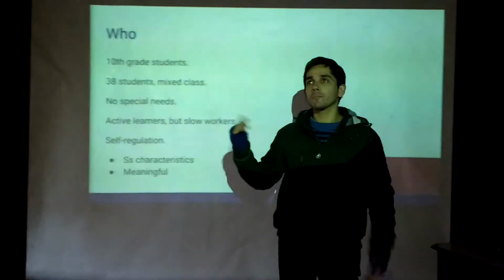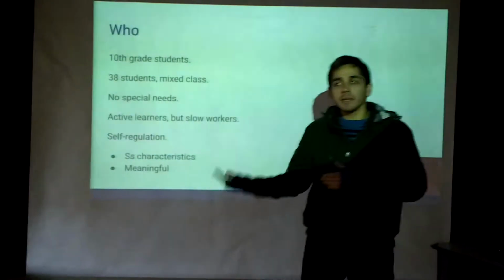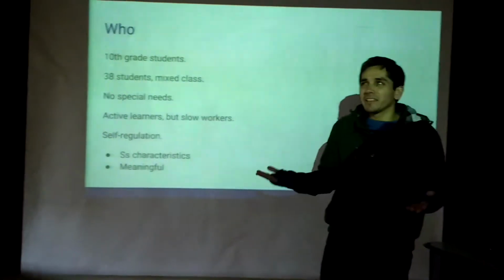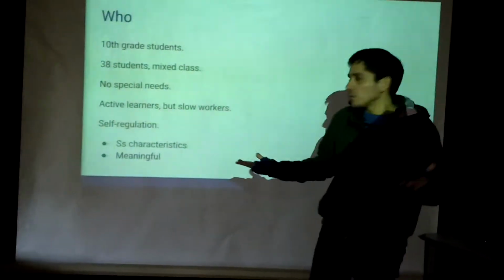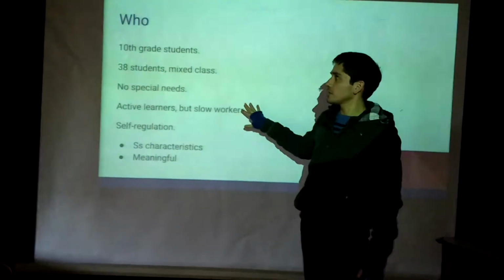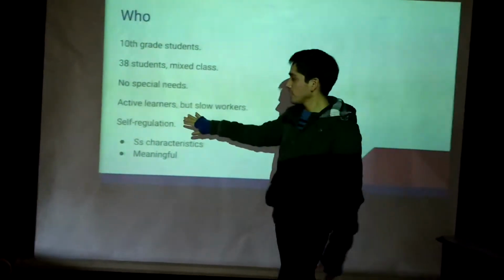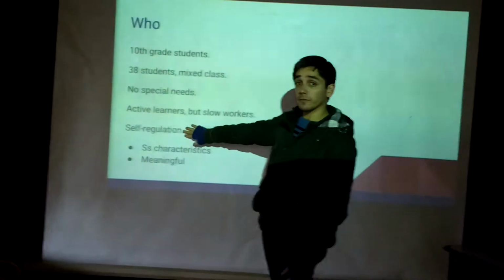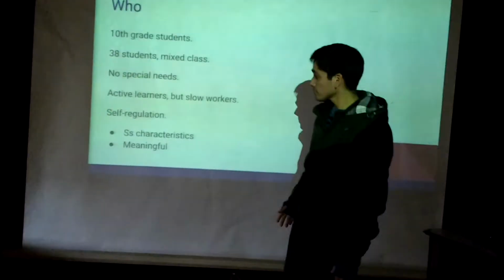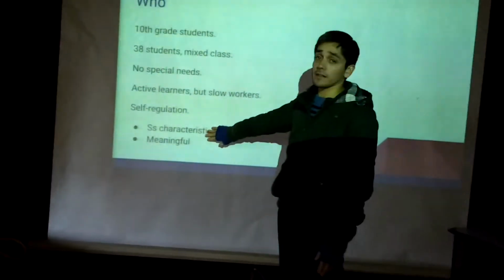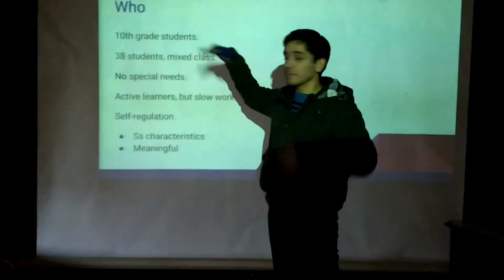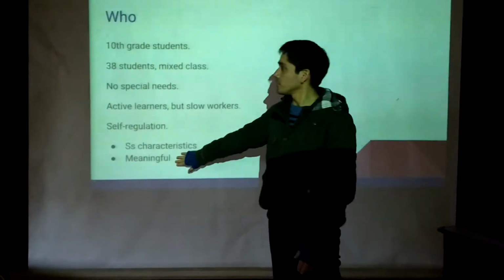They like to participate, they like to learn, they're intelligent, but they simply work slowly. This is important for us to consider when preparing this. But they are capable of self-regulation, they are respectful. These are the characteristics that are important for us in order for the entire process to be meaningful.